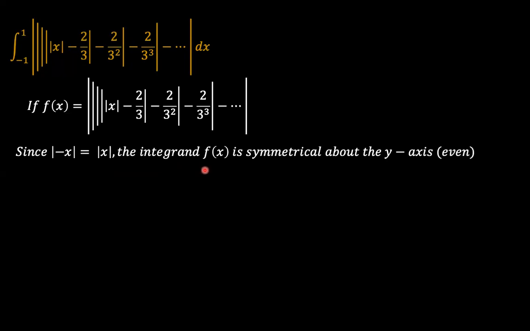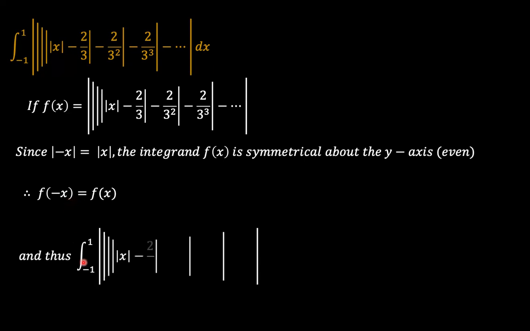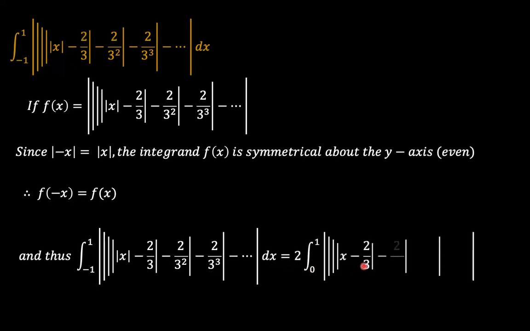In mathematical terms, you could say the function f(x) is even. Therefore, we could also express that f(-x) equals f(x). And thus, the integral of this integrand f(x) from -1 to +1 is also the same as twice the integral of the same integrand from 0 to 1. And that is twice of this, because we have the same thing on both the negative and the positive sides of this equation.